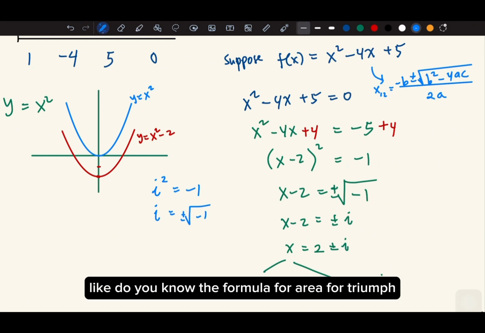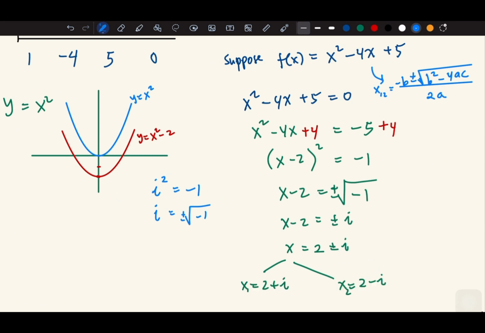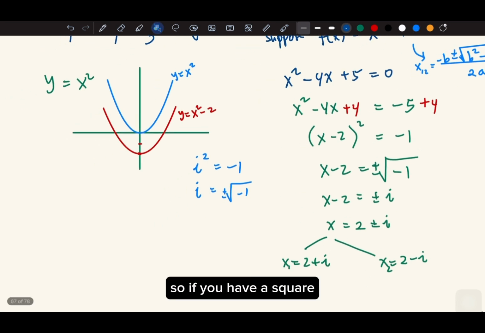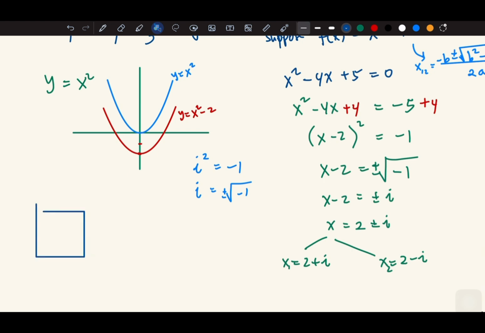Like, do you know the formula for the area of a triangle? Yeah, half base times height. You also memorize it. Like, if you have a square, oh, it's really bad.